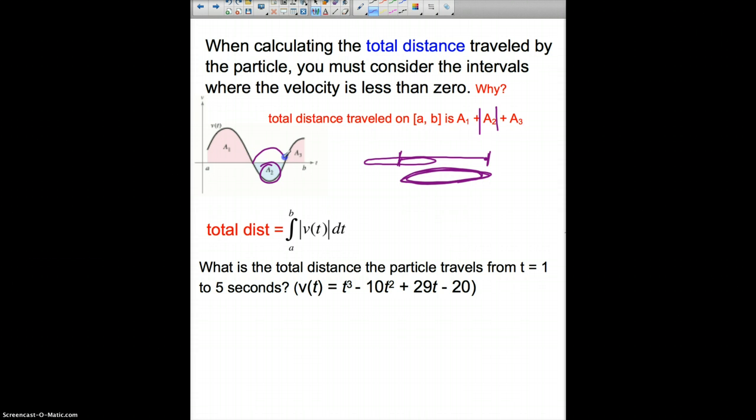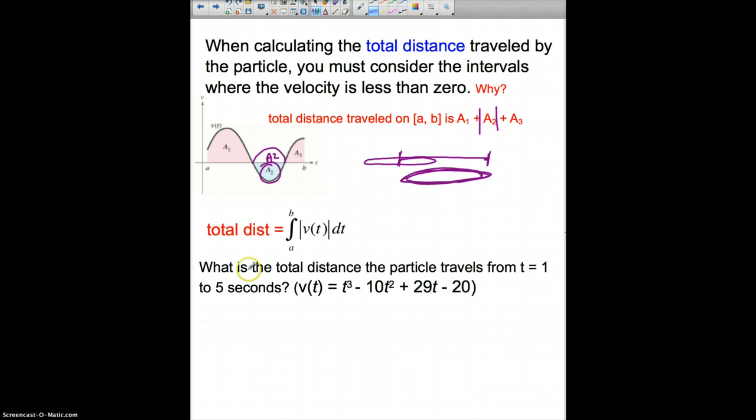So it's almost like I'm flipping that A2 region up here above the x-axis. Well, what takes everything and makes it positive? Absolute value. So if I want the total distance, not just the displacement, displacement is integrating the rate. Total distance is integrating the absolute value of the rate.